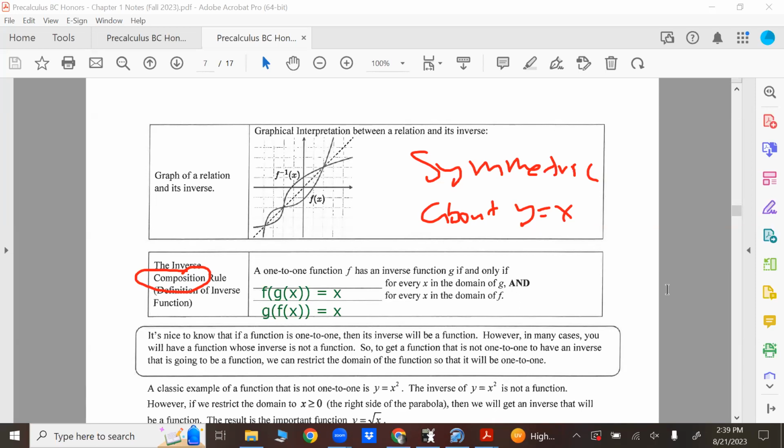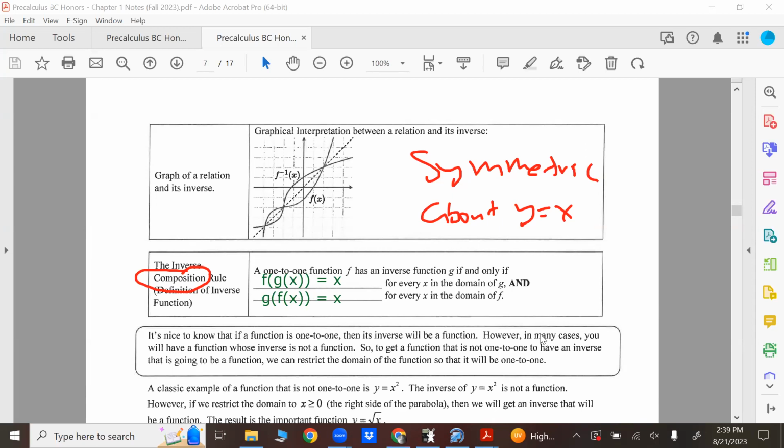So that's always a true statement. Did you guys learn about that too? Yeah, okay, solid review, good. And it's true for every x in the domain of g and for every x in the domain of f.